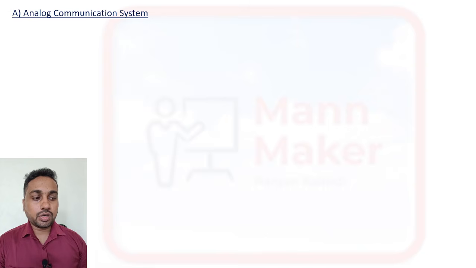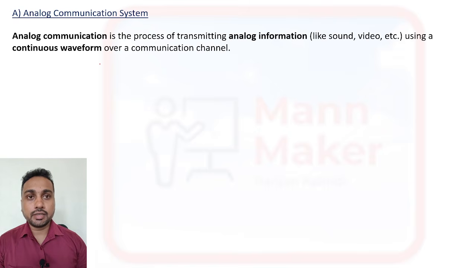It is the process to transmit analog information like sound, voice, audio in analog form using a continuous waveform over a communication channel. Analog means continuous waveform. The medium will be a continuous waveform.